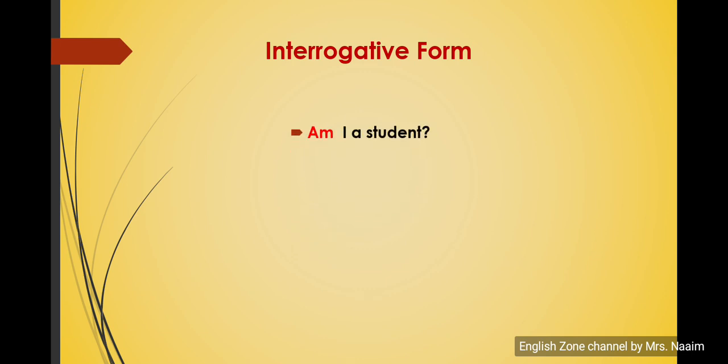So بالنسبة ل subject pronoun I okay. هنا نعوض مكان I بالverb to be okay. ثم بعد ذلك نضع الضمير بعد verb to be.